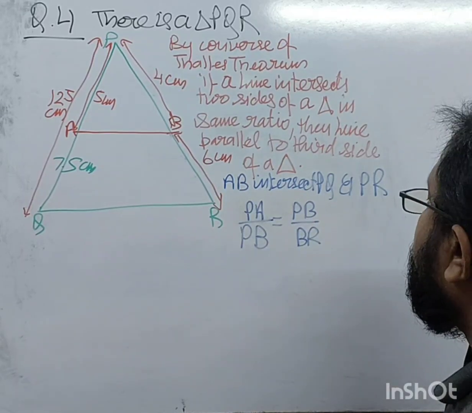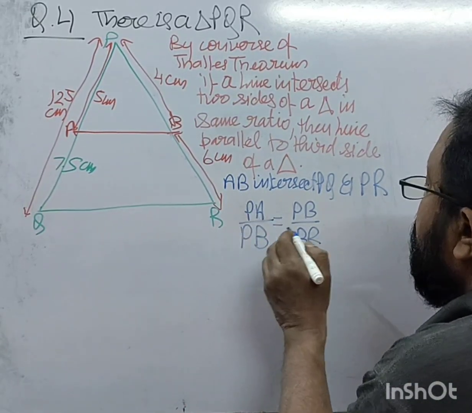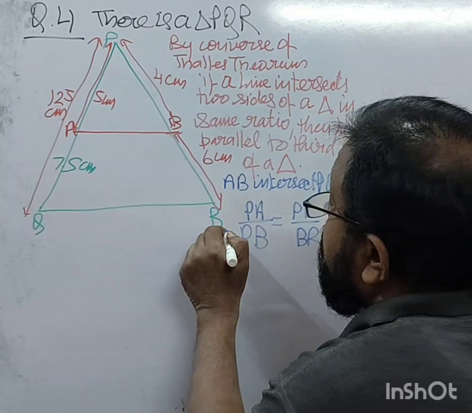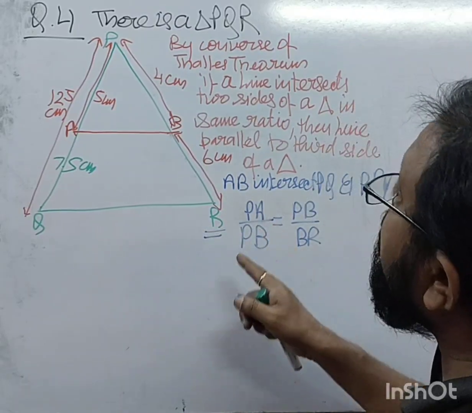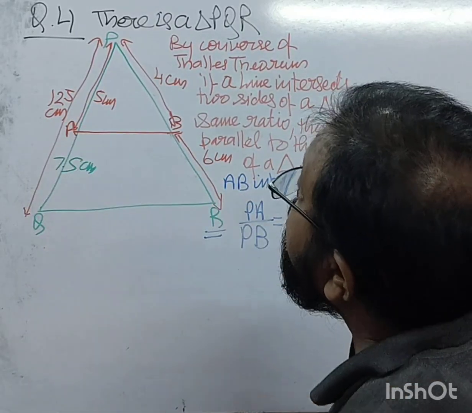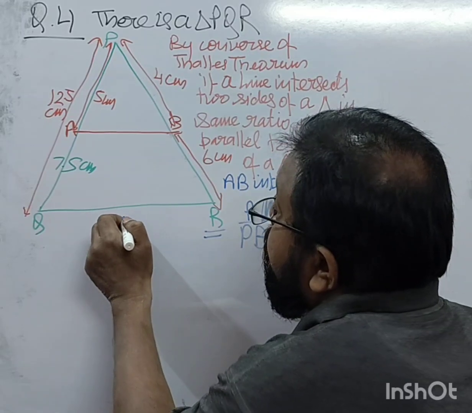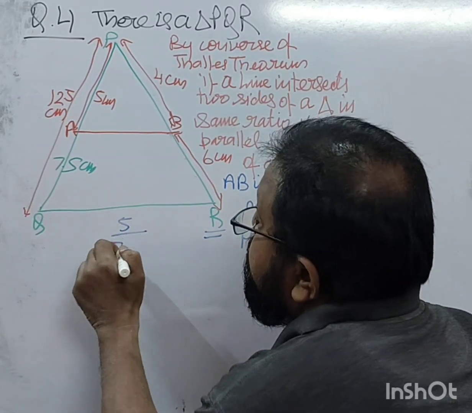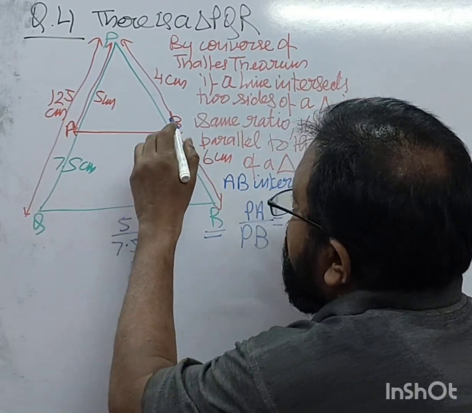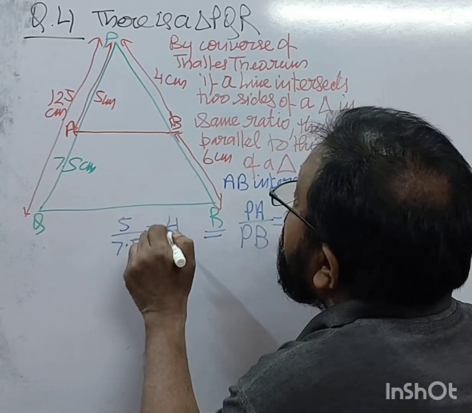So what are the values given to you? PA is 5 upon 7.5 is equal to 4 upon 6.